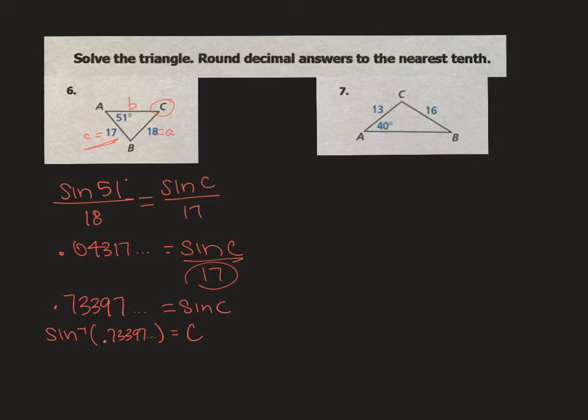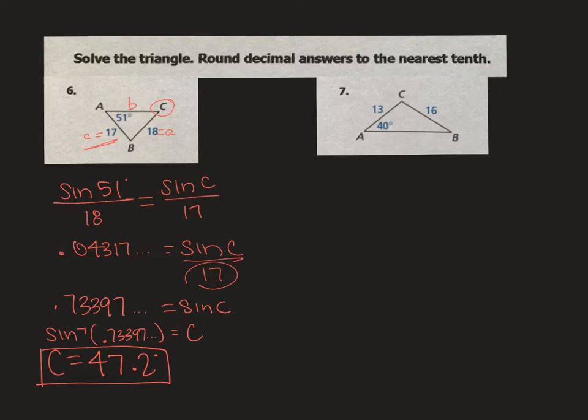And then if you just hit second of that negative sign, it is going to put the answer from your step before into your calculator. And just hit enter. We're rounding to the nearest tenth. So for angle C, we're going to get about 47.2 degrees.